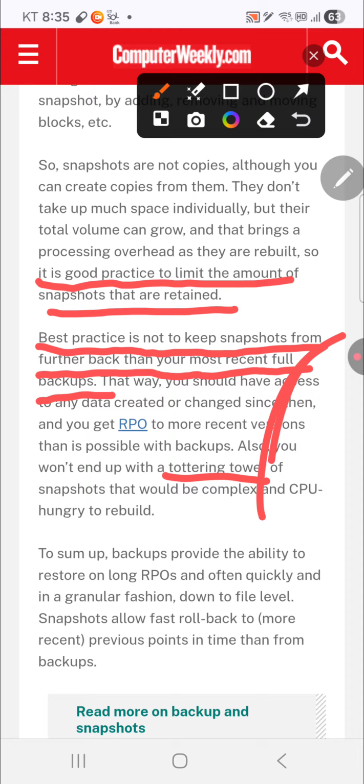Snapshots allow fast rollback to more recent previous points in time than from backups.